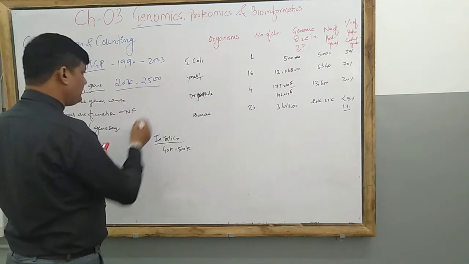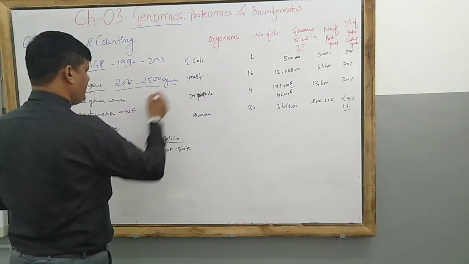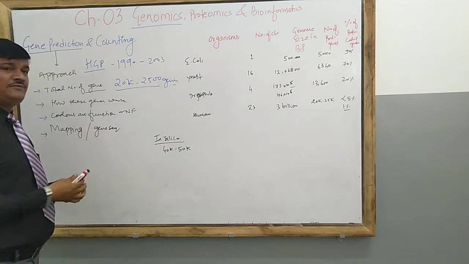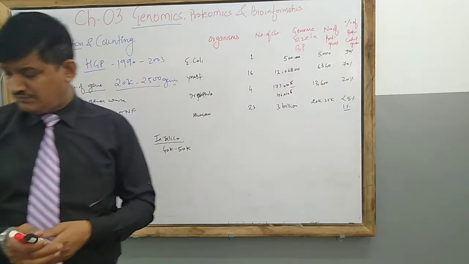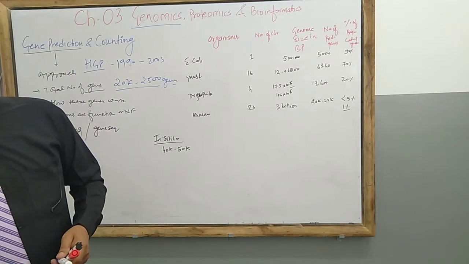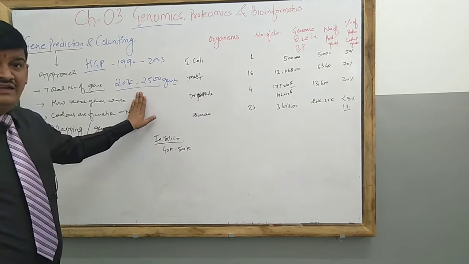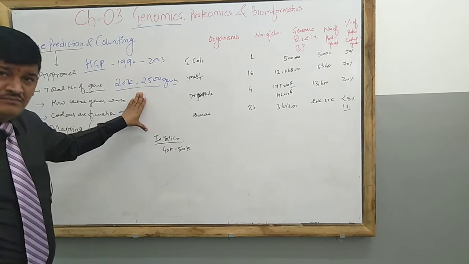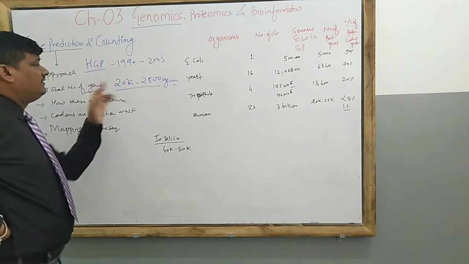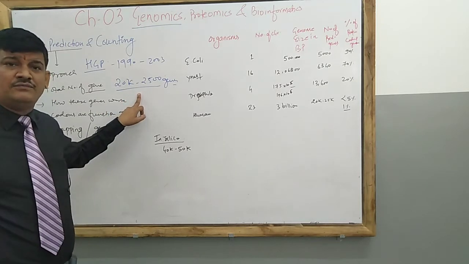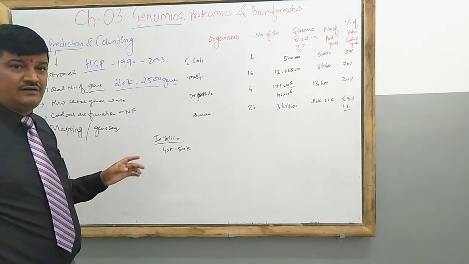This is the total number of genes as per the data revealed by the Human Genome Project. But some biologists believe that this number may be 40,000 to 50,000.